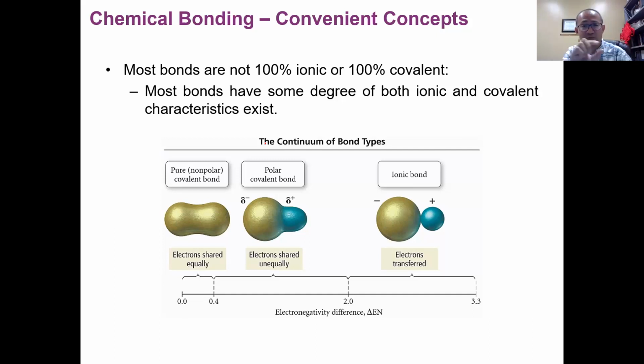You can see the type of bonding, covalent and ionic, are in a continuous spectrum. So again, even though we study these two extreme types, you should keep in mind the bonds are not pure ionic or pure covalent. We just study these two types to be able to explain some properties of the compounds.